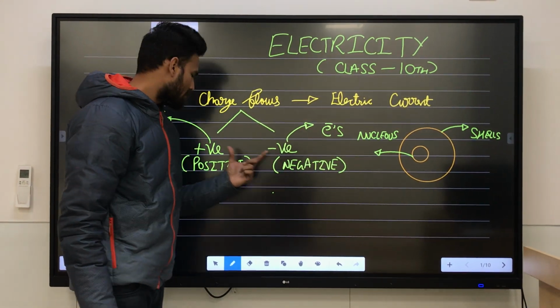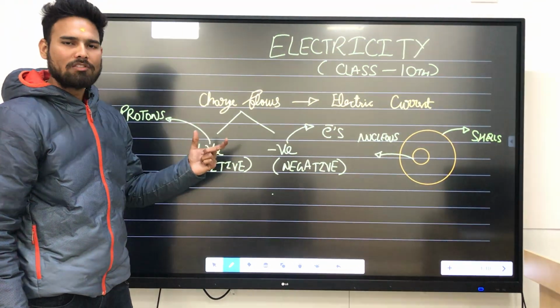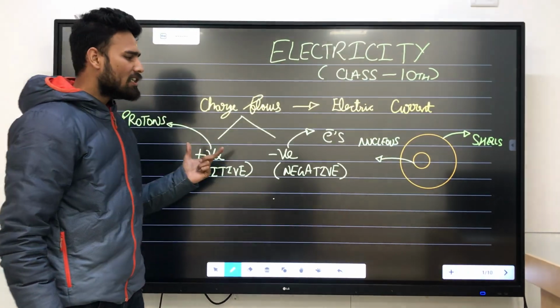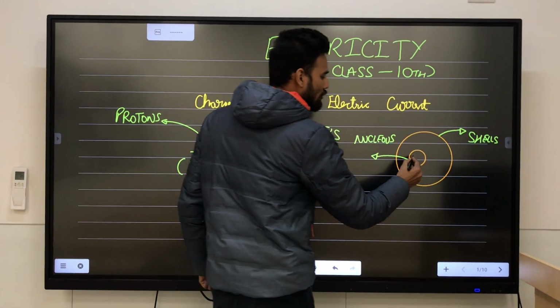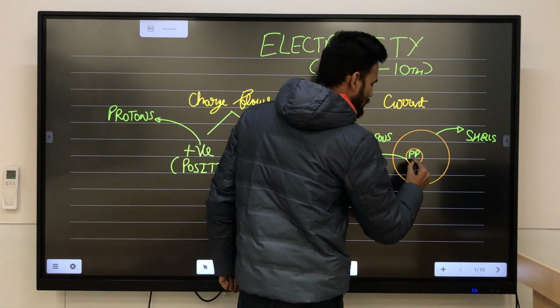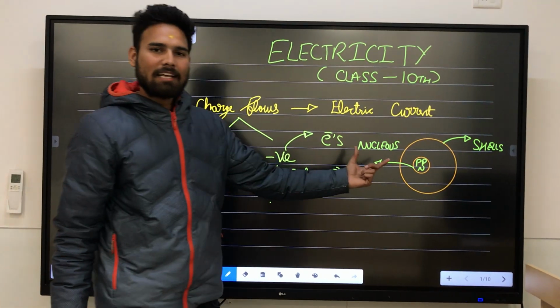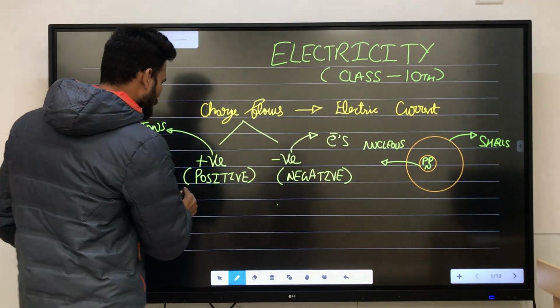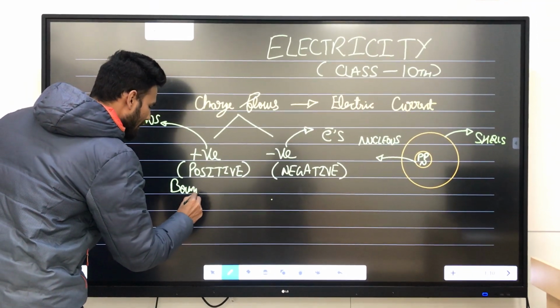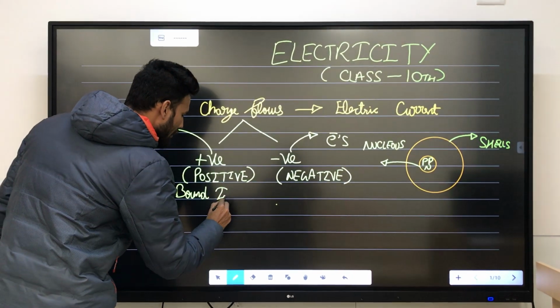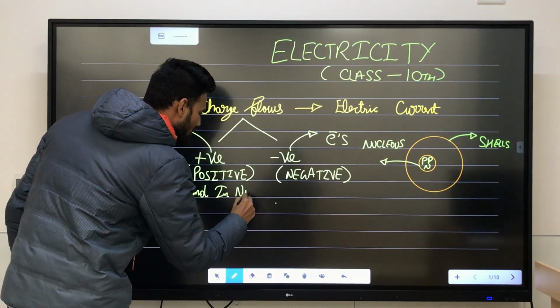The protons, the positive charge, and the neutrons, which are neutral in nature, lie inside the nucleus. So the positive charges are bound inside the nucleus.